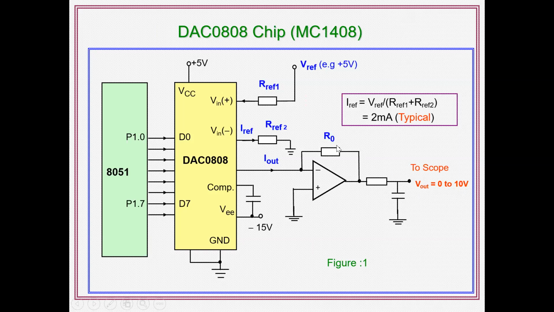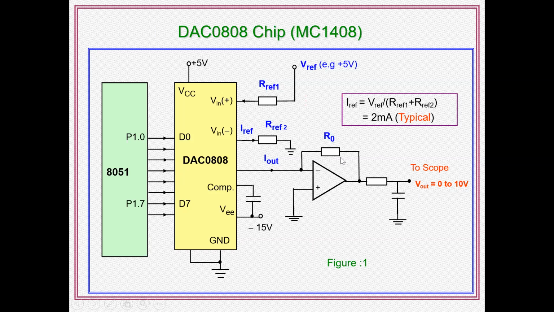Assume that R naught is 2.5 kilo ohms. Then the maximum I out is 2 milliamperes, because the reference is 2 milliamperes. If all inputs are all ones, in that case the output is 2 milliamperes. That 2 milliamperes is multiplied with this feedback resistance.